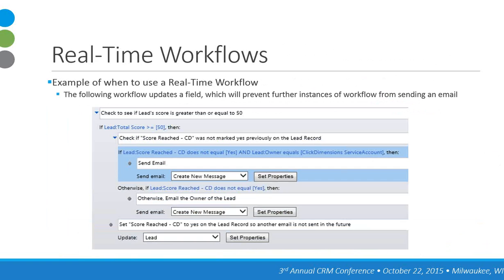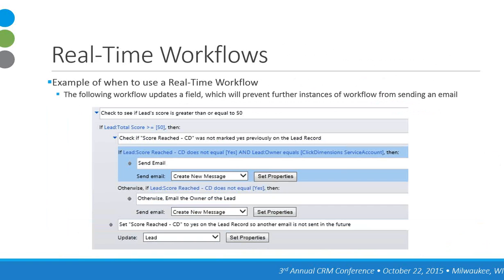So an example here is a ClickDimensions email, and for those who are unaware, ClickDimensions is a marketing module for Dynamics CRM. What this workflow will do is, whenever this field, which is called lead total score, is greater than or equal to 50, and as long as another field underneath that is not check marked or not equal to yes, and a lead owner condition there, then it will send an email.